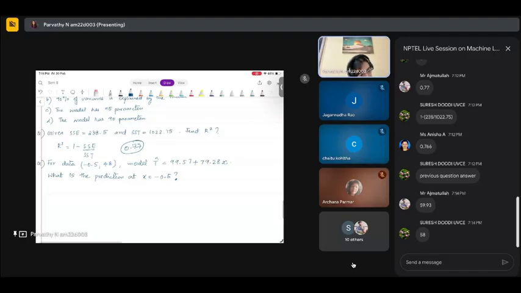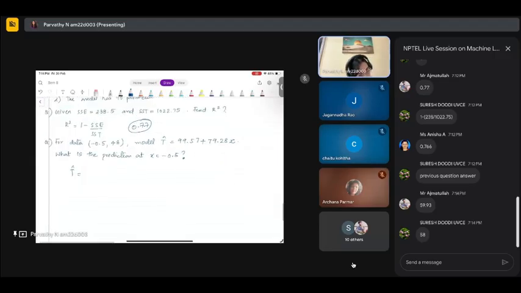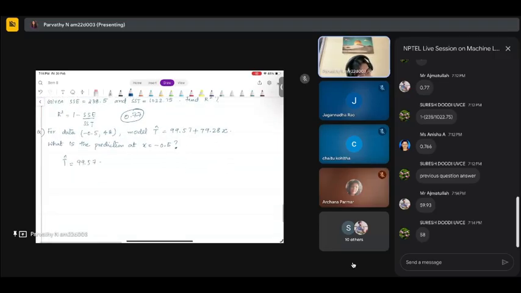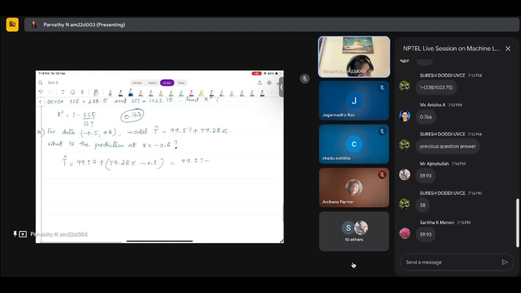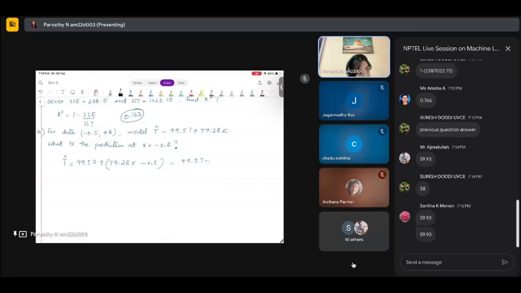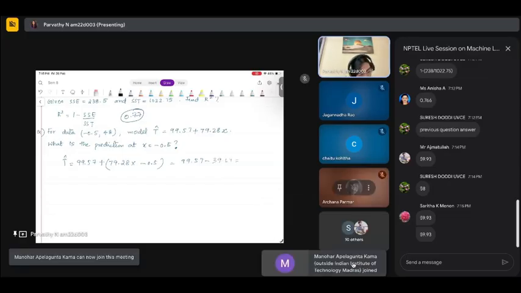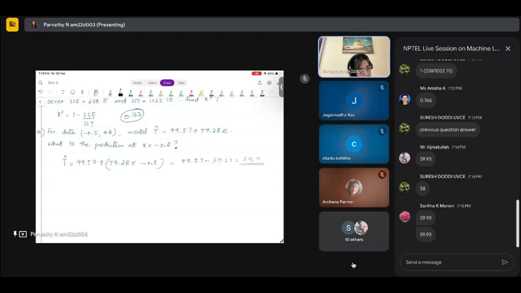Yeah, so we just have to substitute. So this is the model or the function. 99.57 plus 79.28 into minus 0.5. You will get around 59.93.